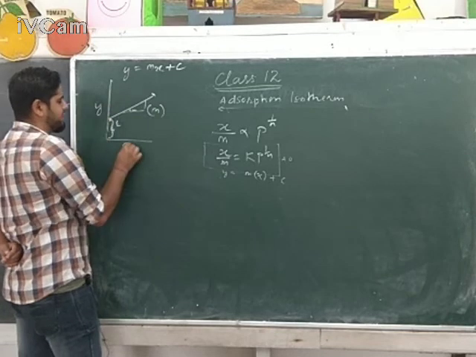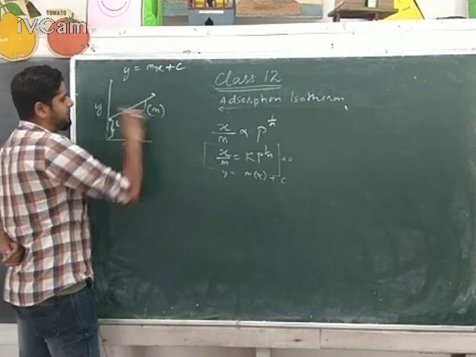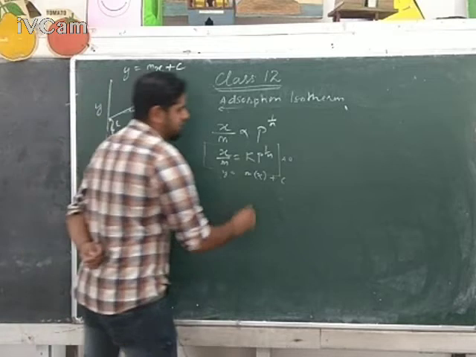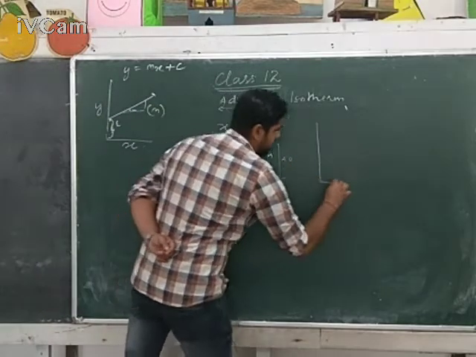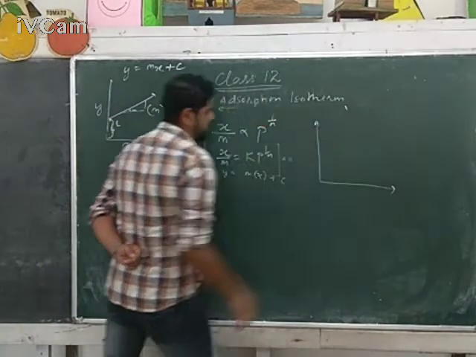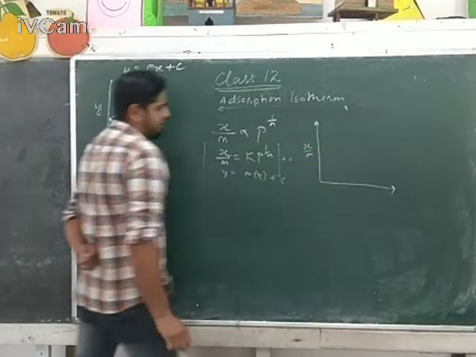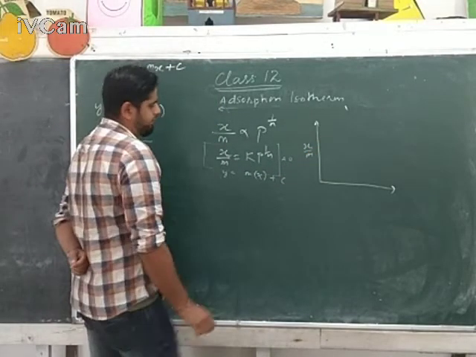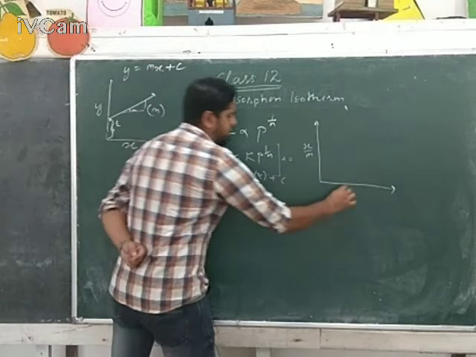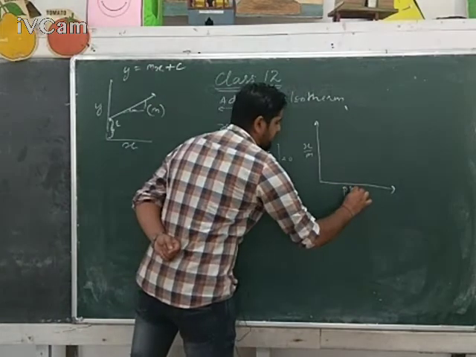Here is the y-axis, here the x-axis. If you compare this and this, you can draw the graph like this. On this side, x by m, the amount of adsorbate on adsorbent, and here pressure to the power 1 by n.